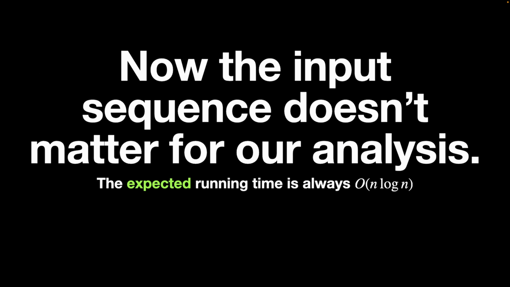array. Now the input sequence doesn't matter for our analysis because the randomization element, when we're trying to figure out the average case, is taken care of by the randomization of the selection of our pivot point. This gives us an expected runtime of always n log n. Now this doesn't mean on every single input, every single time you will get n log n.